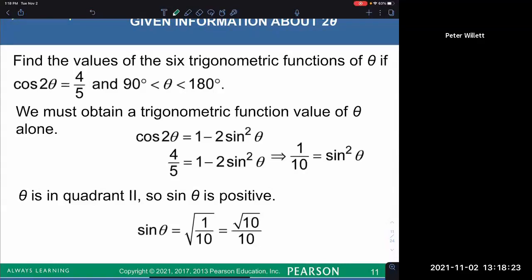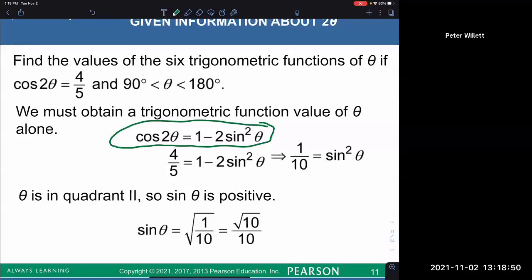So they point this out. They say we must obtain a trigonometric function value of theta alone instead of a 2 theta. And again, when you look at these identities, let's look at the ones they've written here for us, these double angle identities. Well, on the left is the double angle, but then on the right is the single angle.